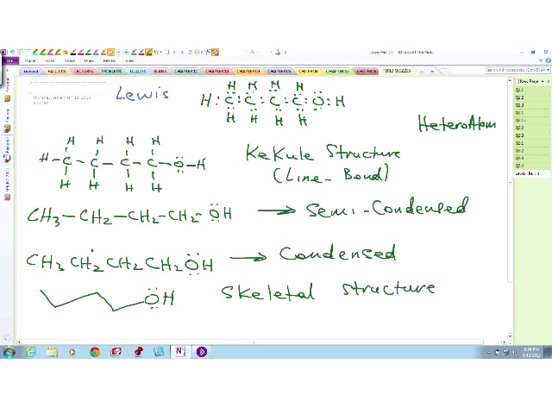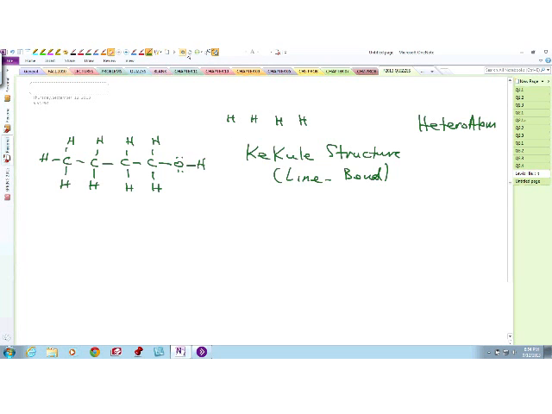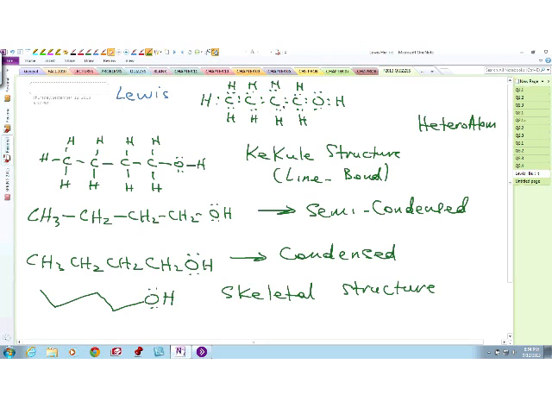Now, sometimes we use a combination of these types of structures. For example, I could write this molecule here. Yes. So do you only use Lewis structures for heteroatoms? No. For Lewis structure, what I mean is, you have to show all of the bonding electrons.